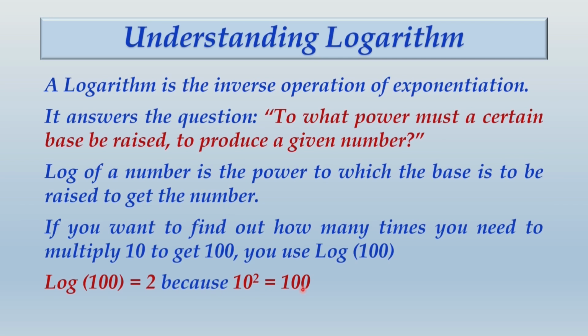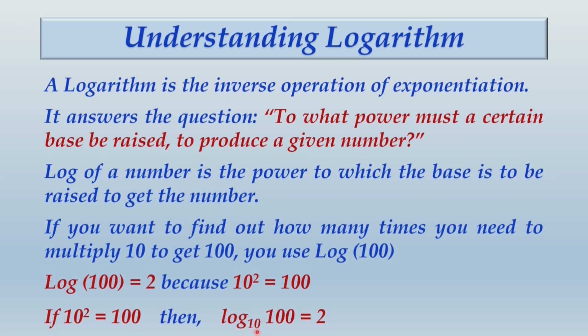Now please observe, if 10 squared equals 100, then log of 100 to the base 10 will be equal to 2. Now this is something that you need to understand with proper interpretation. In context of this line, log of a number, that is log of 100, is the power, that is 2, to which the base is to be raised.